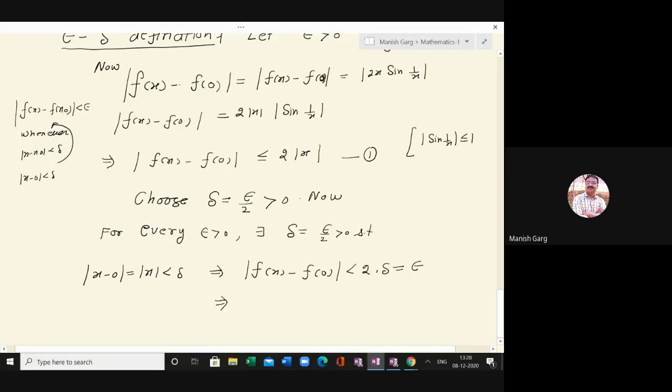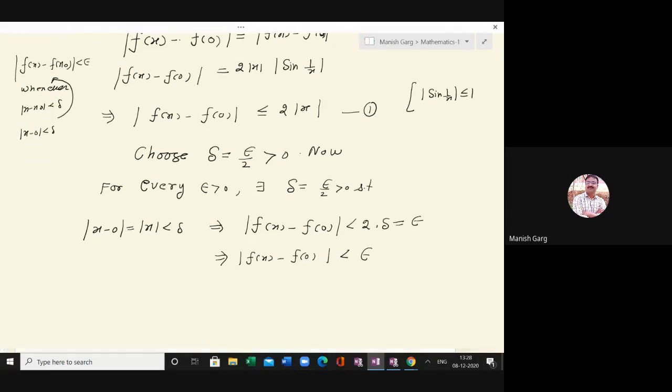So finally you can say f is continuous at x is equal to 0.